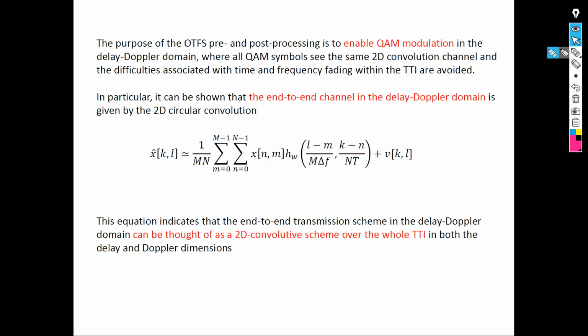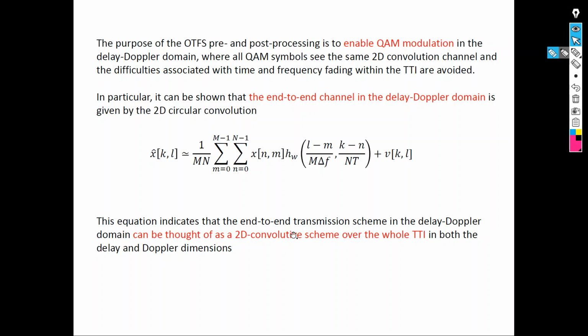Think of it in image processing. The filter is 2D and the image is 2D and you are filtering them with each other. Similar concept. In image processing we use 2D circular convolution as well, not linear convolution. But here linear doesn't fit in our scenario. We have to use circular.